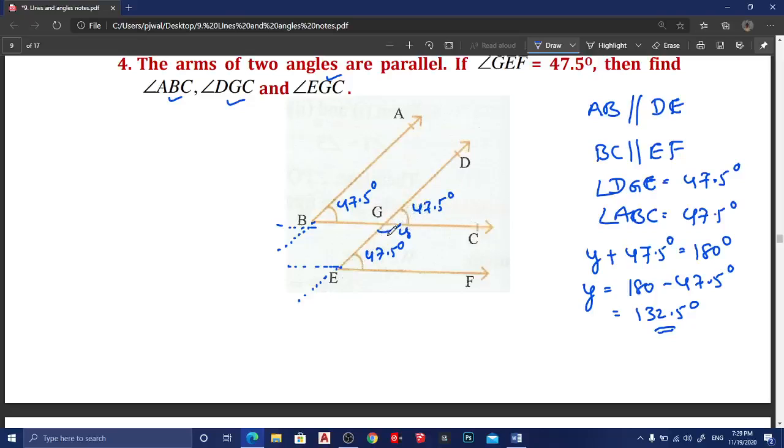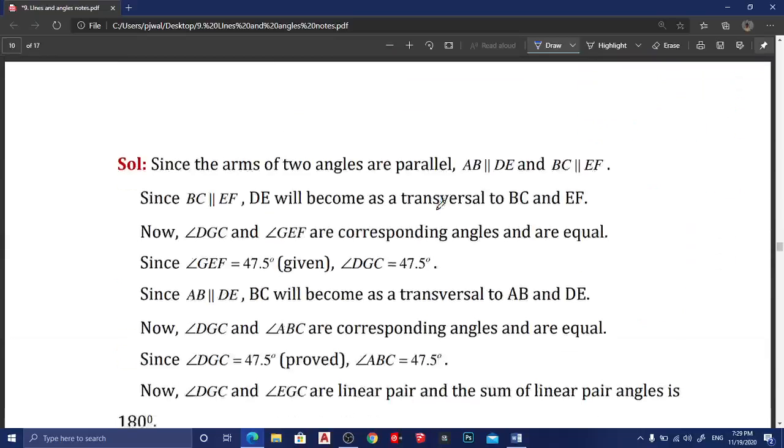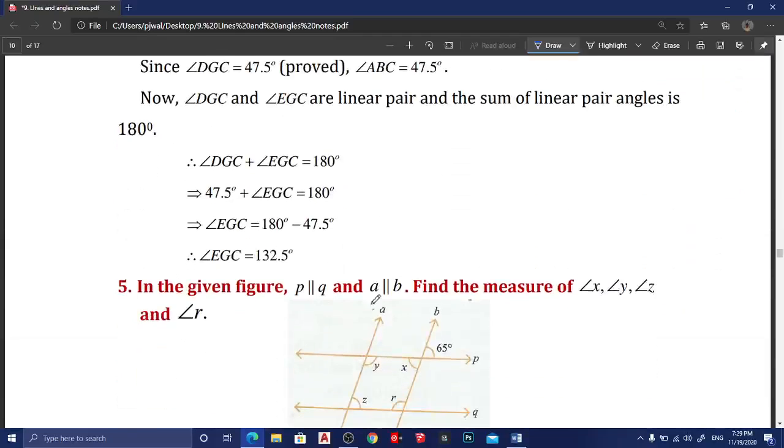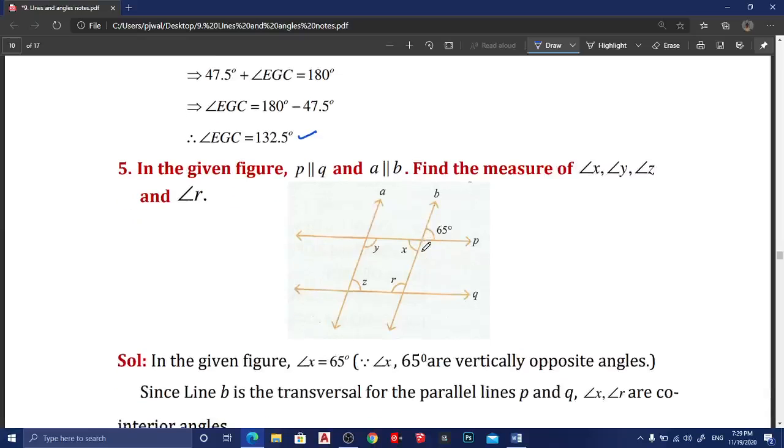Since the sum of the linear pair is 180 degrees, DGC plus EGC is 180, so 47.5 plus angle EGC is equal to 180. Therefore, angle EGC is equal to, by sending this to the right side, 180 minus 47.5, which is 132.5 degrees, the third angle. So like that you can find the three angles. Next, the fifth one.